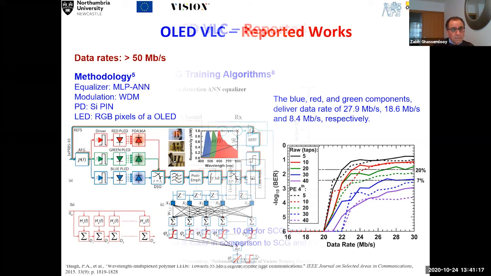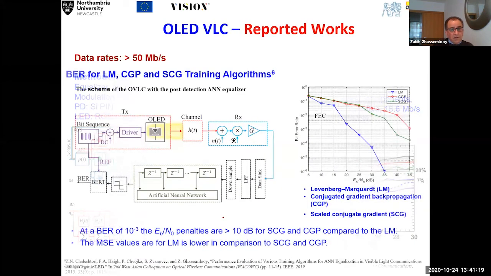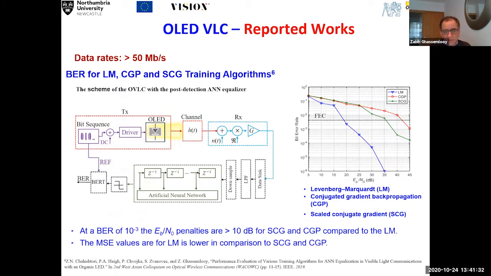And then beyond 50 megabits per second, this was another system that we built. Again, this was using the ANN equalizer. And you can see that for the bit rates, we are basically pushing beyond this.